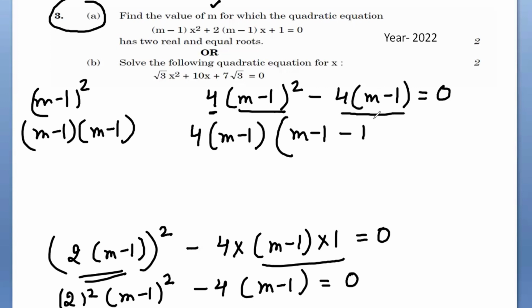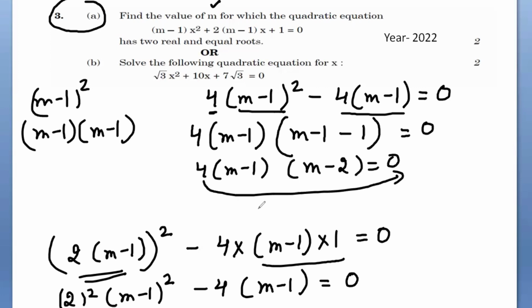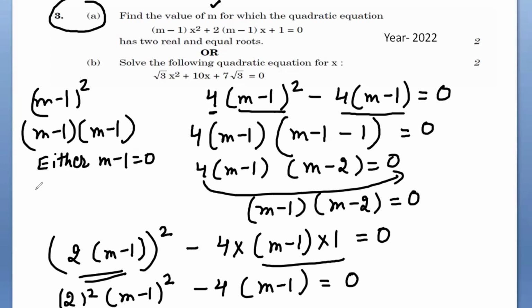What is left? 1 is left, equal to 0. So I'll get here 4 into m minus 1 into m minus 2 is equal to 0. We will take this 4 to the other side and get m minus 1 into m minus 2 is equal to 0. That means either m minus 1 is equal to 0 or m minus 2 is equal to 0.